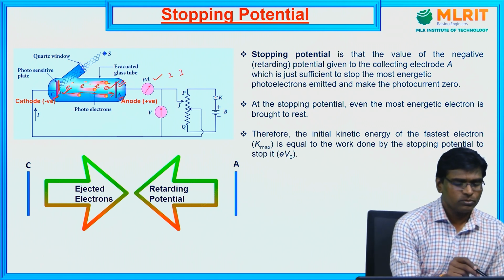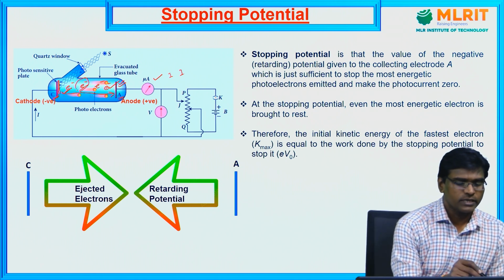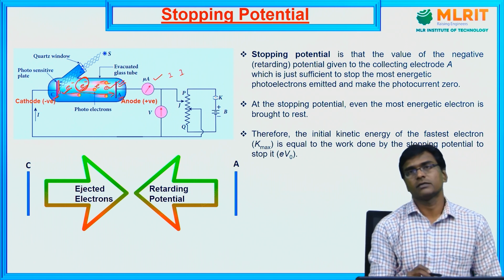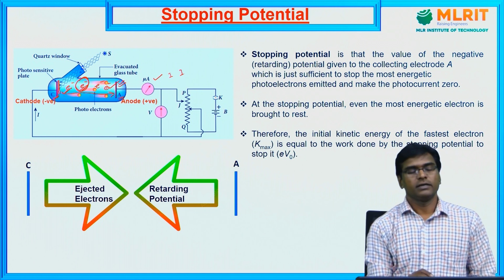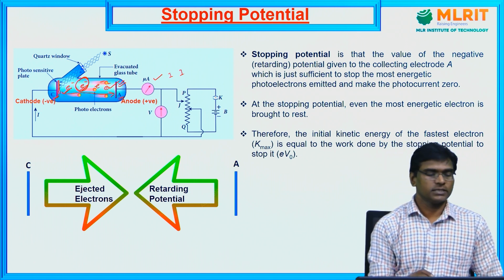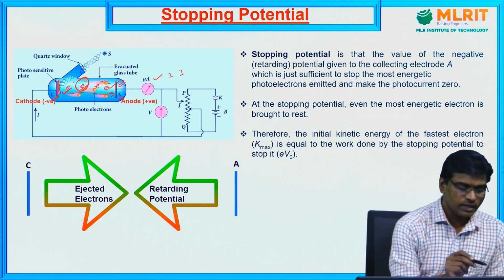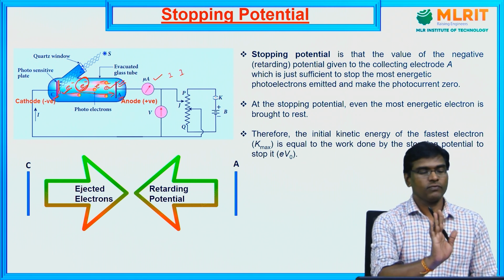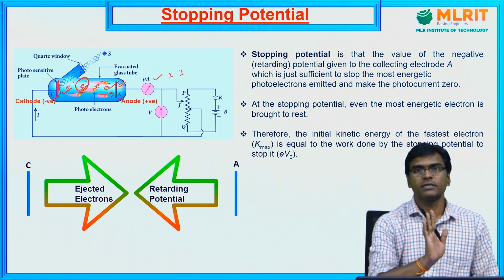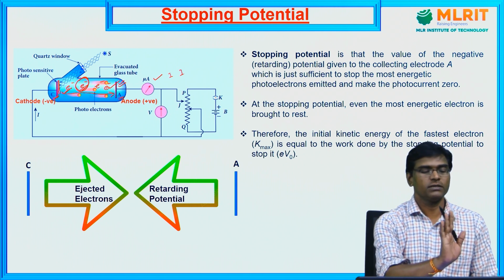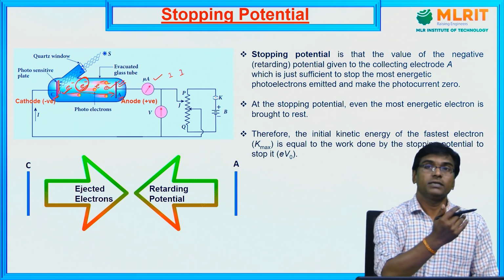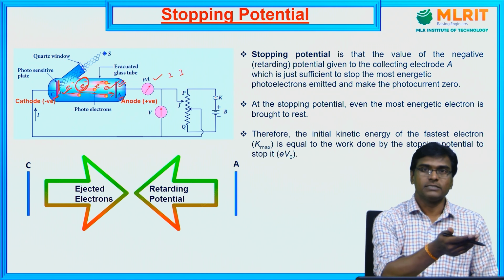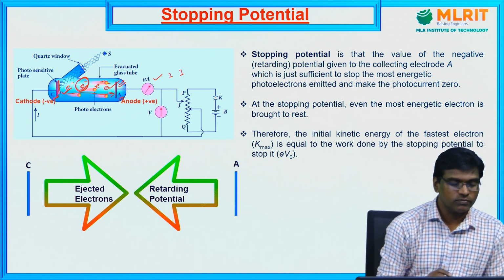Then how do you know the kinetic energy of these ejected electrons? To calculate it, we need to apply some kind of opposing force, maintained in such a way that we can estimate the incoming electrons' energy.